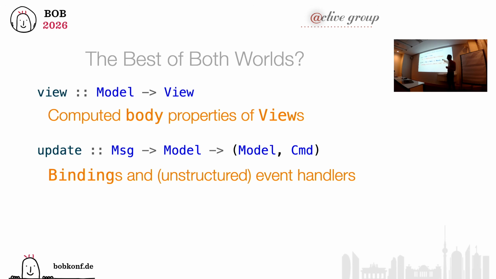And the update function is a combination of bindings, so this lens slice type way of getting at bits of the overall model state, and event handlers, which, like you saw with the buttons, where the lazy thunk on the circles, which you could tap, is kind of like an event handler setup.